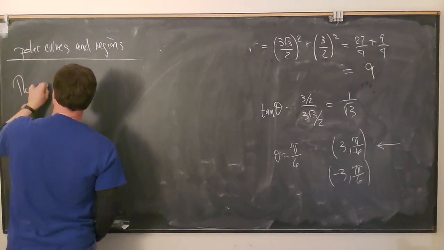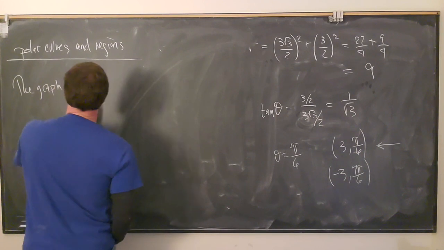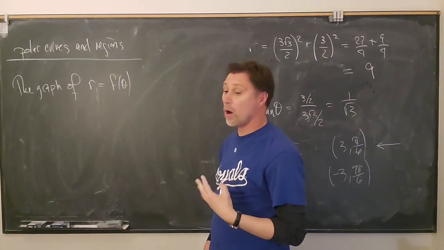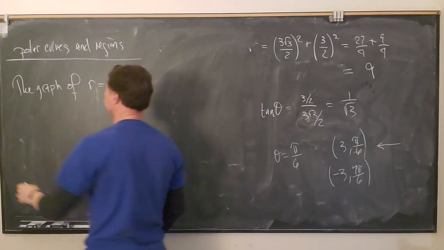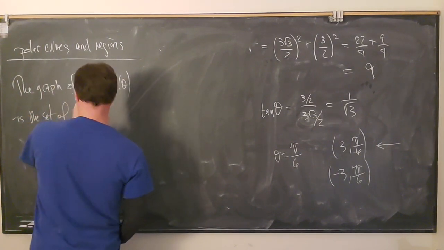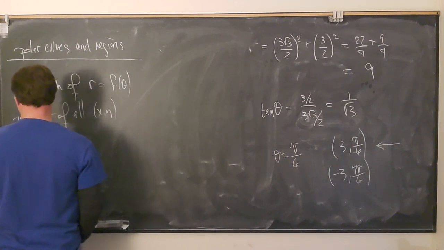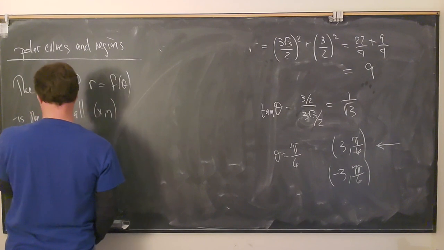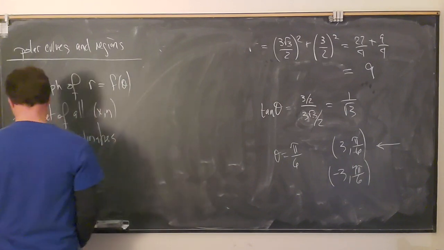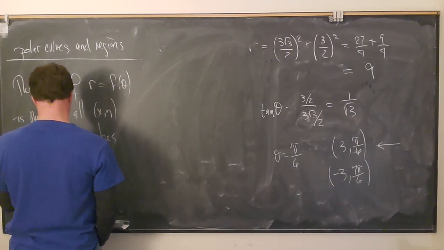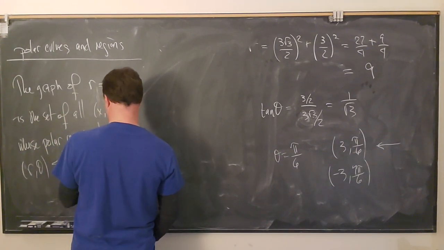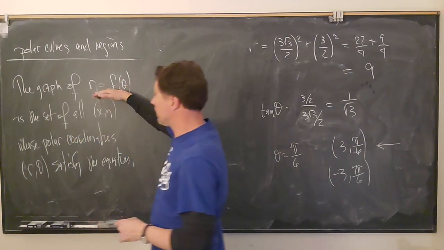The graph of the function r equals f of theta: if we have an equation in the form r equals f of theta, the graph is the set of all x comma y whose polar coordinates r comma theta satisfy the equation. And when I say the equation, I mean this one, r equals f of theta.